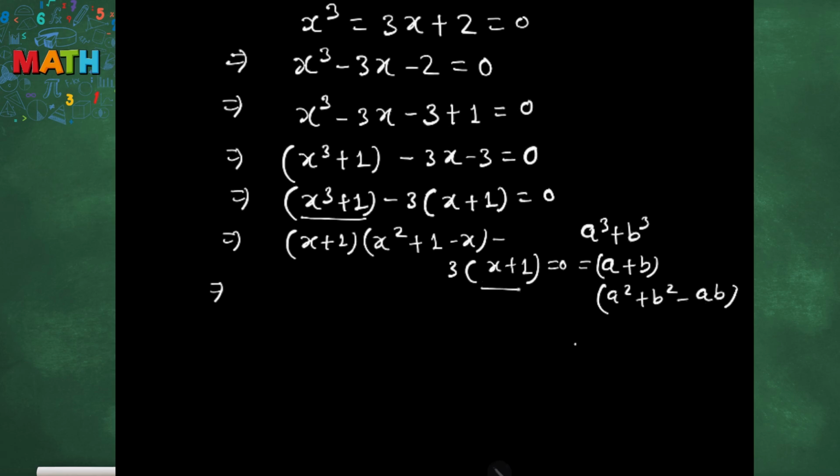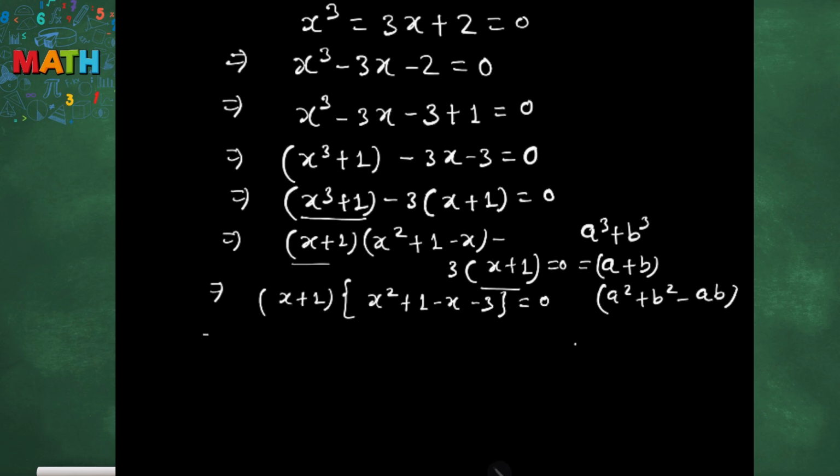Now x plus 1 is common, so we can take x plus 1 outside, and inside what will be left? x square plus 1 minus x, and then minus 3 is equal to 0.